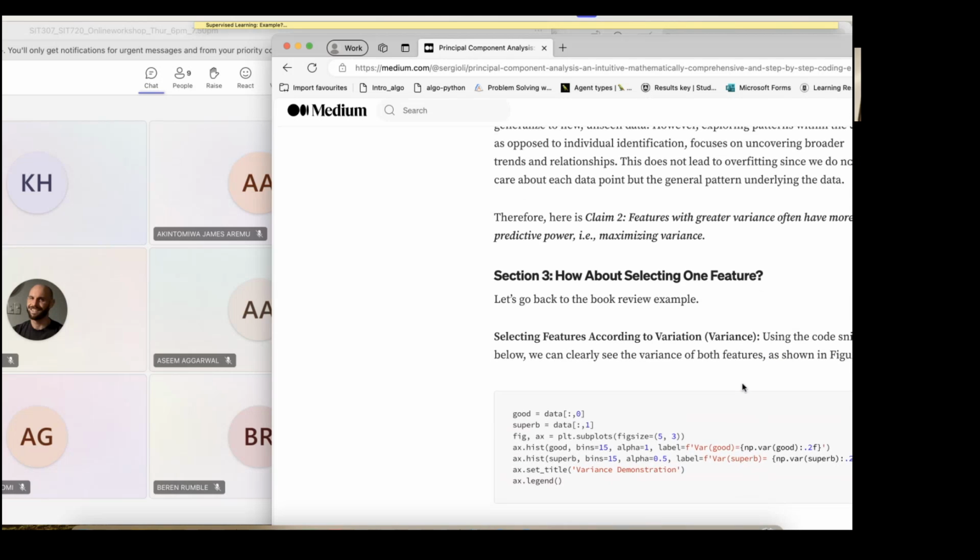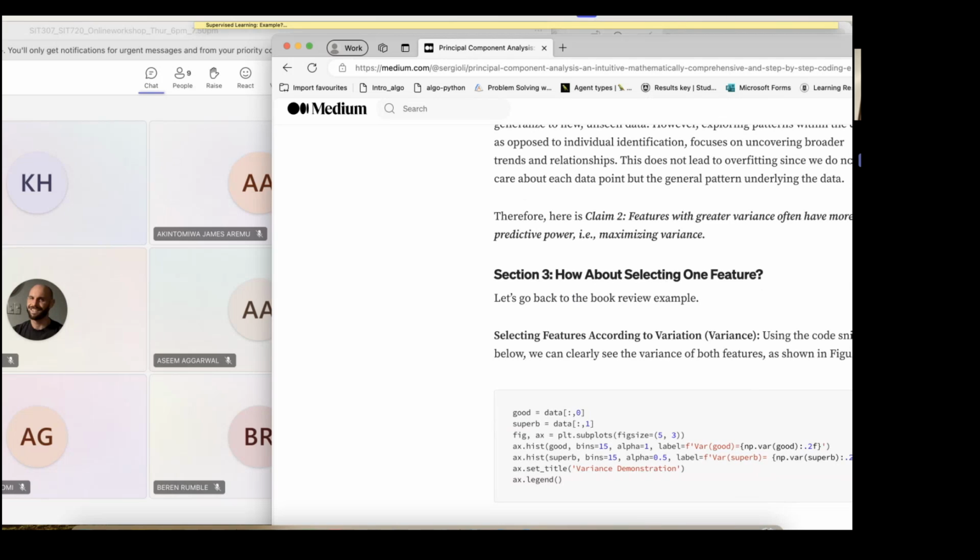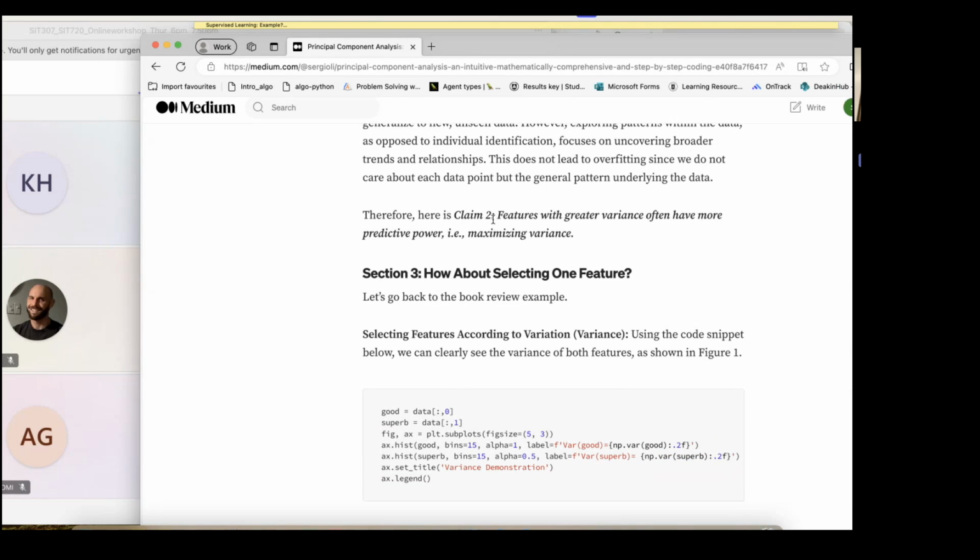Okay, now I want to make a claim here. Features with greater variance often have more predictive power. So what we want is the feature maximizing the variance. My other question is, why not just select the one feature with the largest variance?